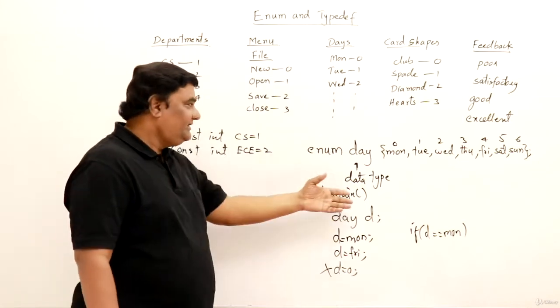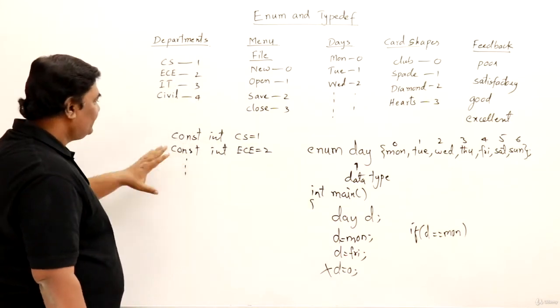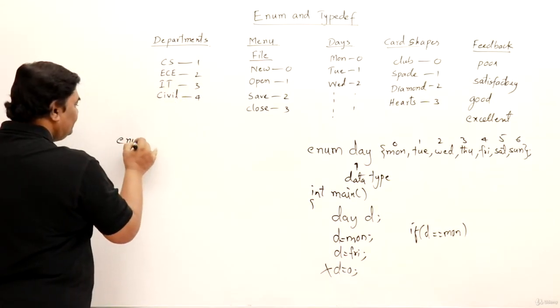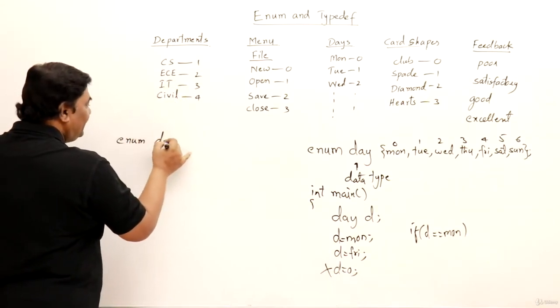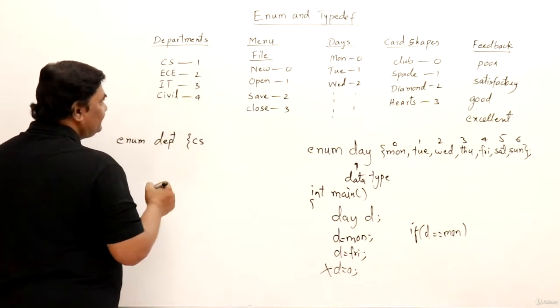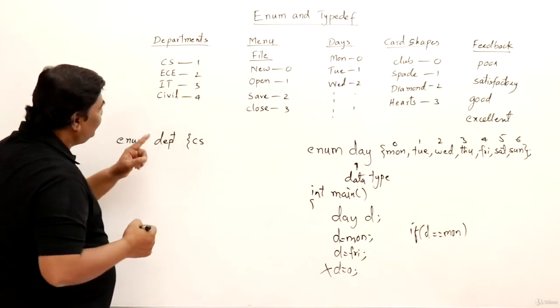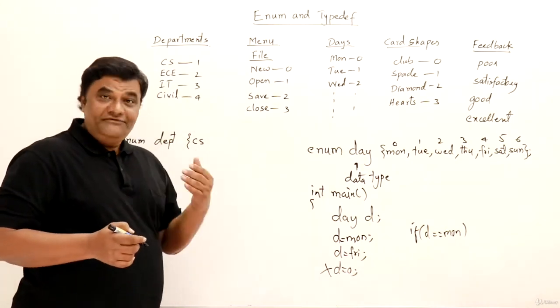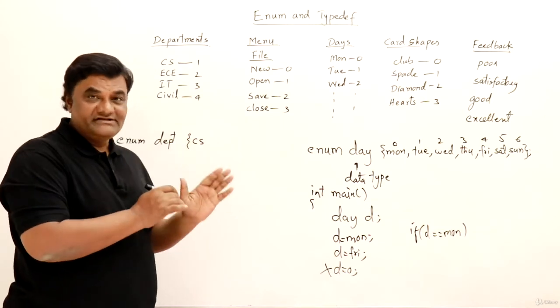Now let us define an enum for this one. I'll remove this and define, let us say, enum for departments, DPT. Now the departments are CS, then EC. See, if I write CS, by default, as I said, it will start from 0. If you want to change it, you can change the number.